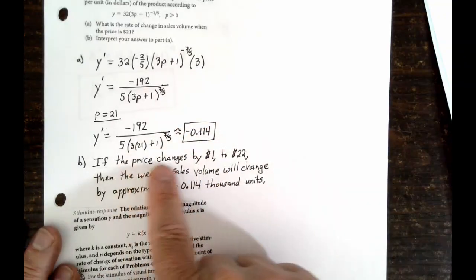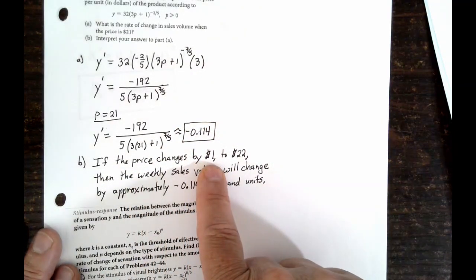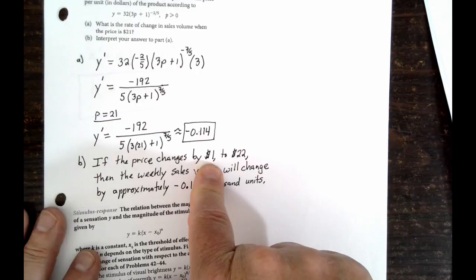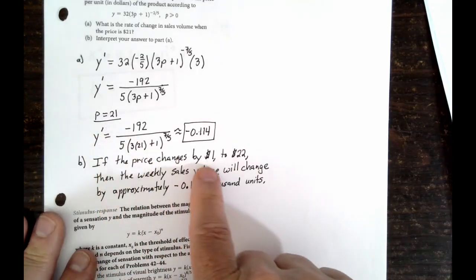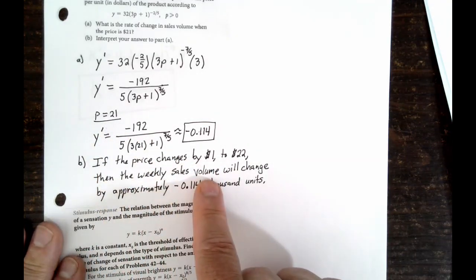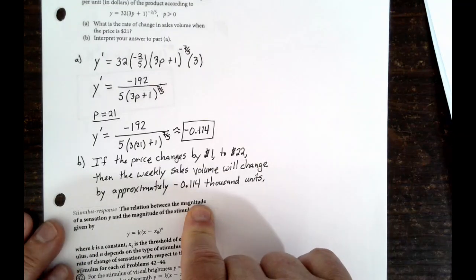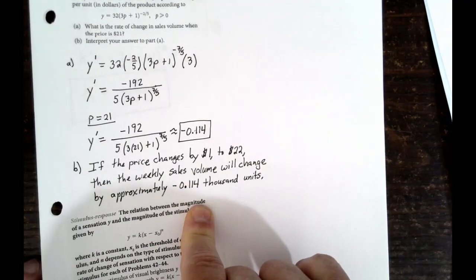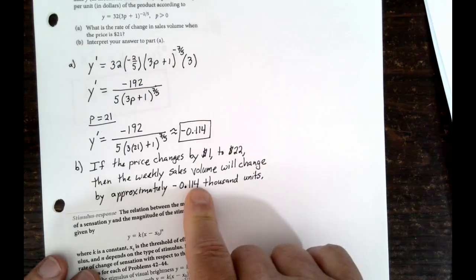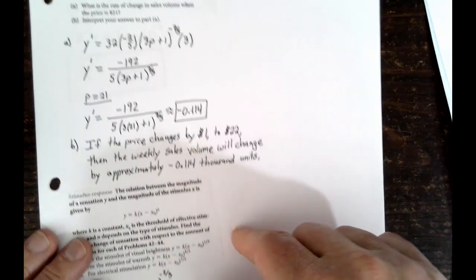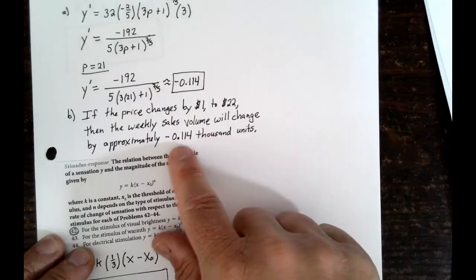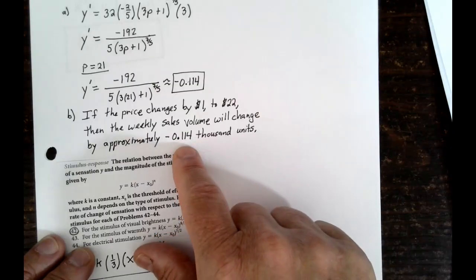And so you can see if the price changes by $1, meaning from $21 to $22, then the weekly sales volume will change by approximately negative 0.114 thousand units, or it will drop by 114 units. When you multiply 0.114 times 1,000, you get 114.